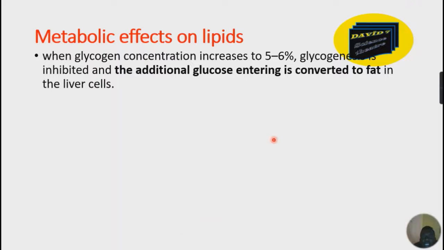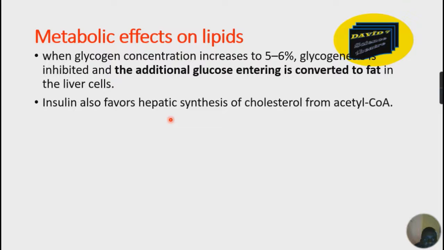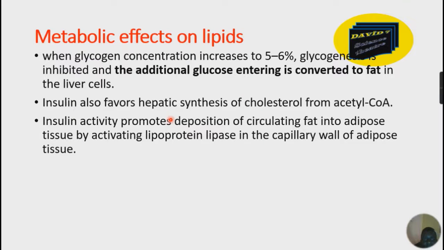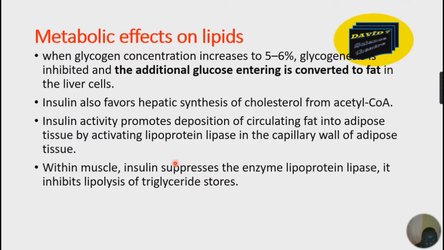Metabolic effects on lipids. When glycogen concentration increases to around 5 to 6%, glycogenesis is inhibited and additional glucose entering the cells is converted to fat in the liver cells. Insulin also favors hepatic synthesis of cholesterol from acetyl-CoA. Insulin promotes deposition of circulating fat into adipose tissue by activating lipoprotein lipase in the capillary wall of adipose tissue.